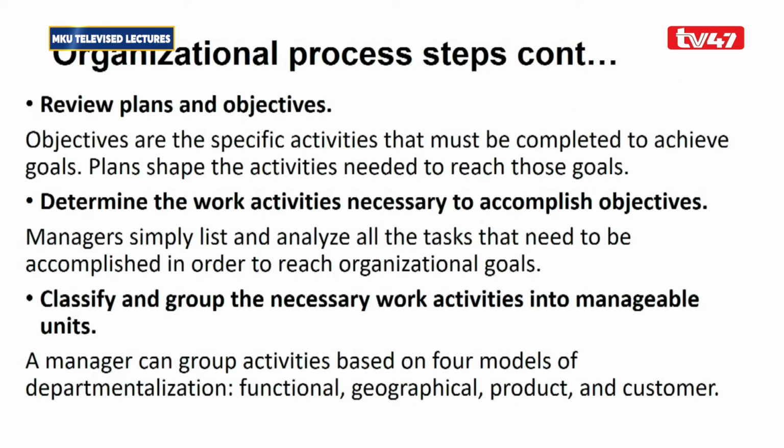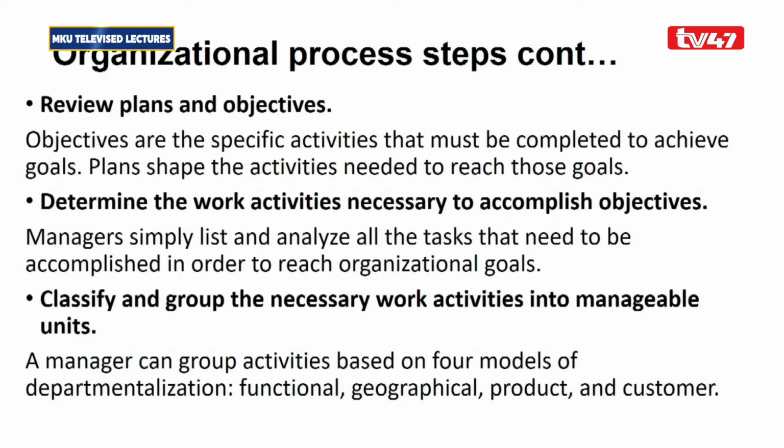After that, determine the work activities necessary to accomplish the objectives. Have a clear layout of the different work that should be done so as to get to the goals of the organization as identified in the first step.